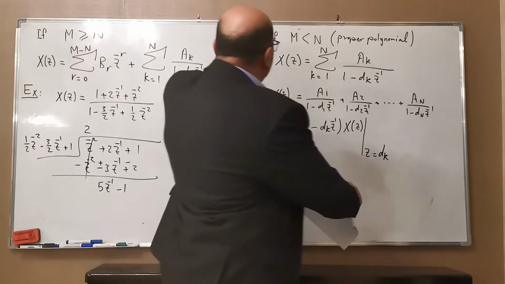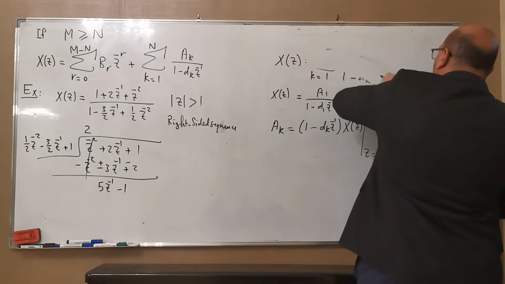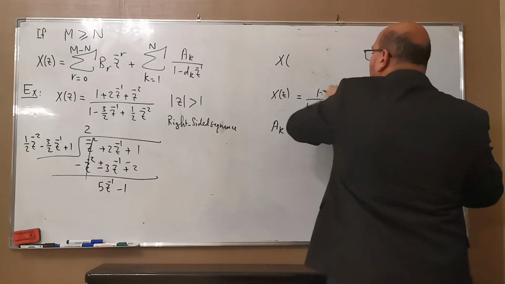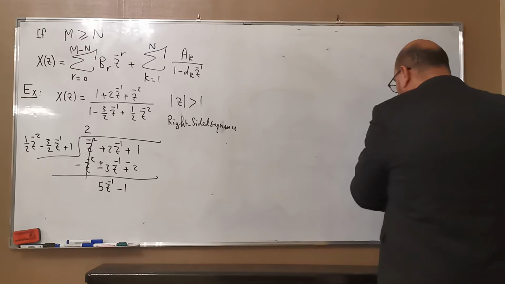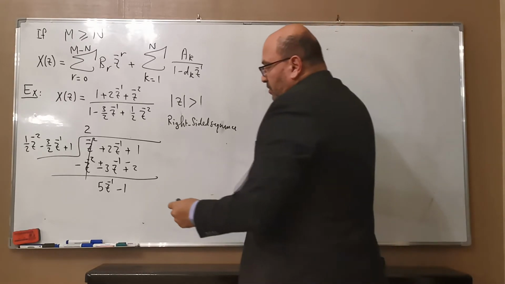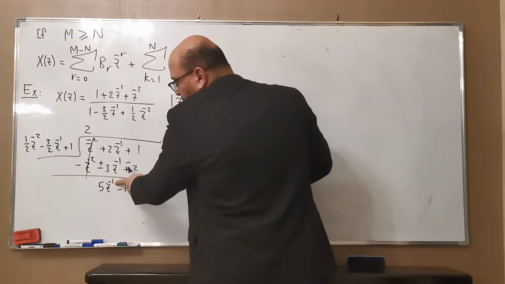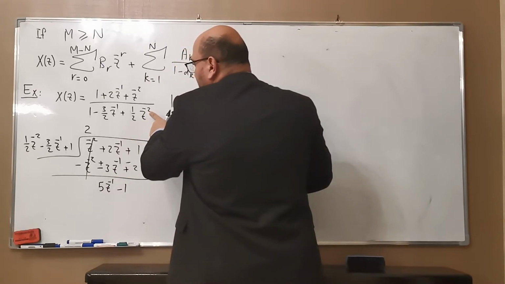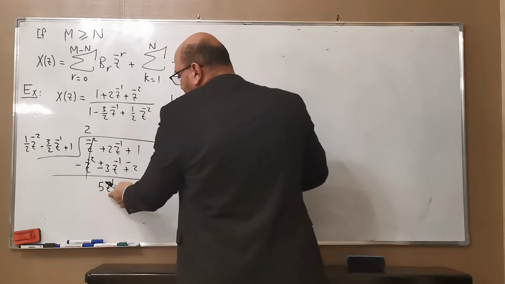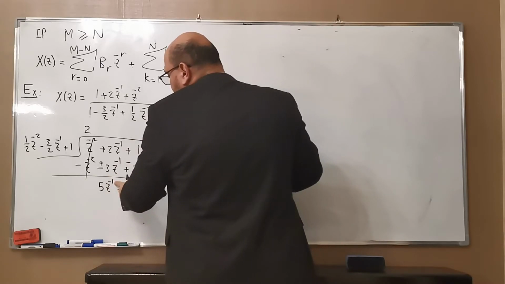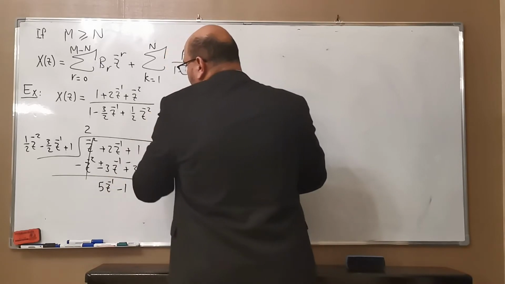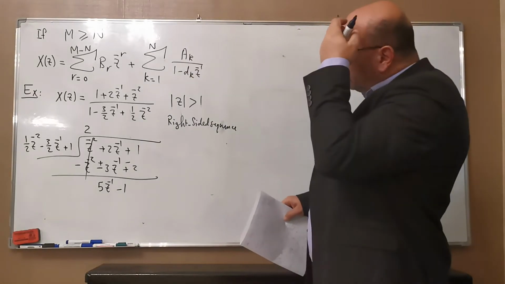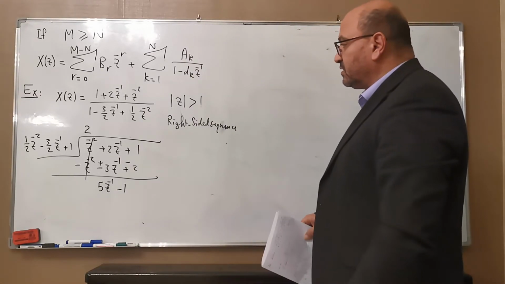Now we look at the residue. The residue here has an order of minus 1. The order of the denominator is minus 2, so we will stop. Once we have an order less by 1 than the order of the denominator, then we stop.